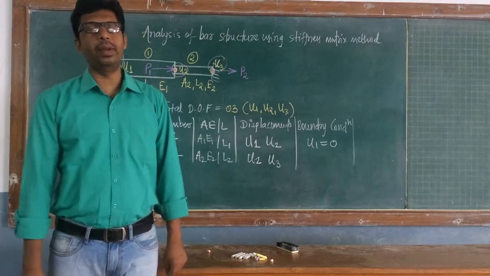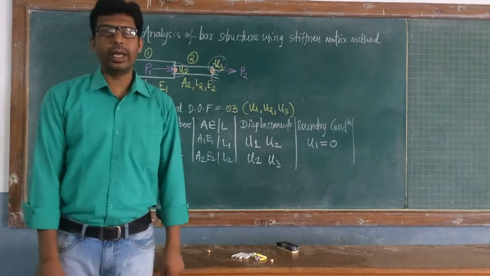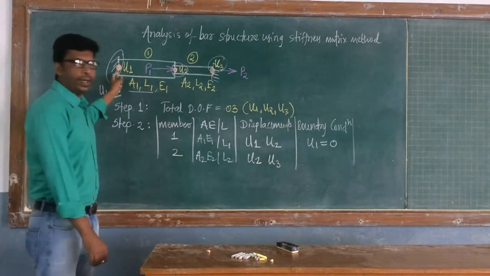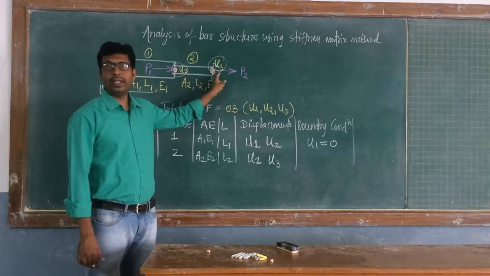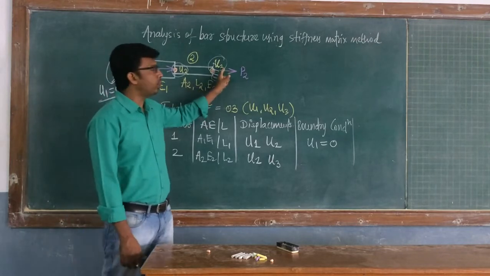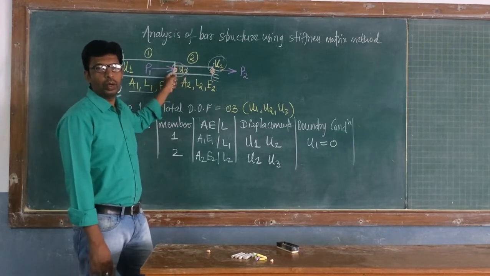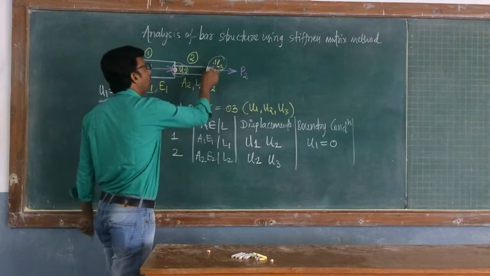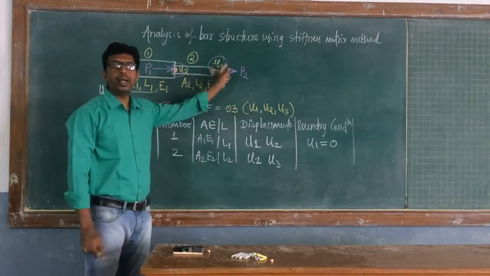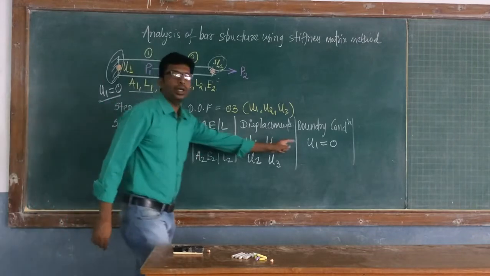Okay, hinge or spring, if any one support is provided in the bar assembly, displacement is always 0 at that point. So here if it is fixed, U1 equals 0, and suppose you fix the right end also, then U3 is also equal to 0. There will be only one unknown, U2. And if you remove this fixed support, now there will be two unknowns, U2 and U3.